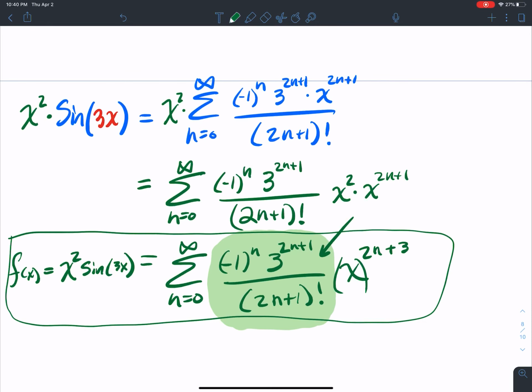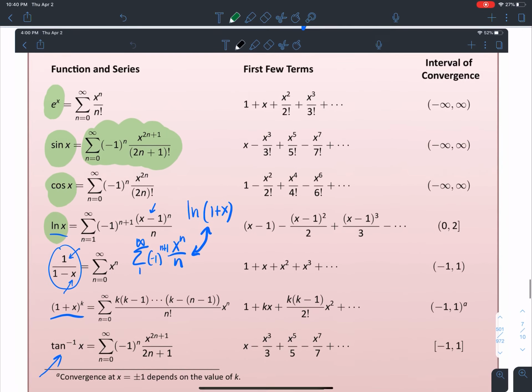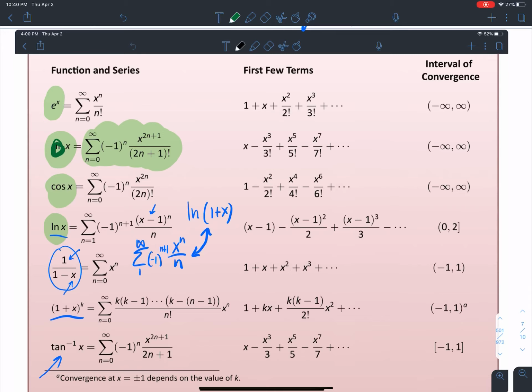And here's the way I think about this, and it's kind of goofy. When I look at these, I think about the sine function. Sine is an odd function, so that's why I think 2n plus 1, that produces an odd number. Well, what do you know about cosine? Cosine is an even function.